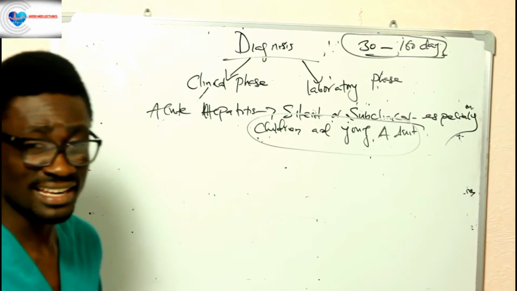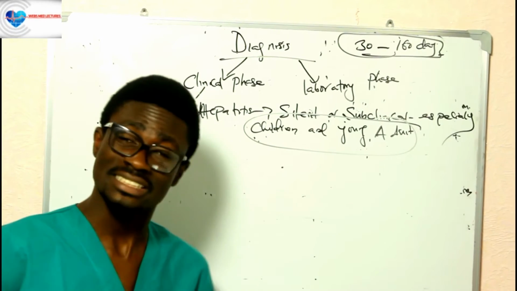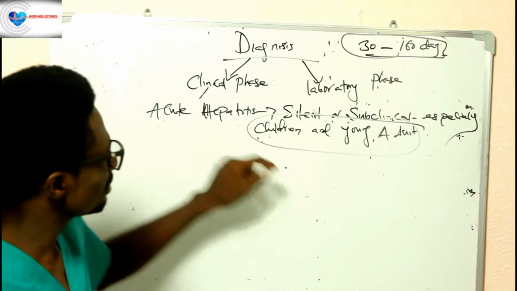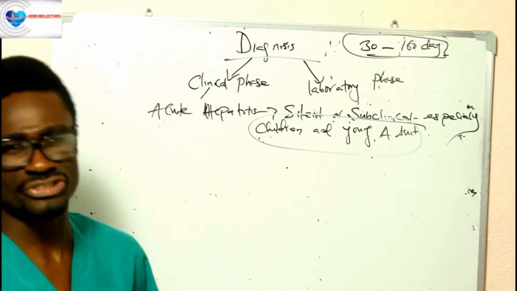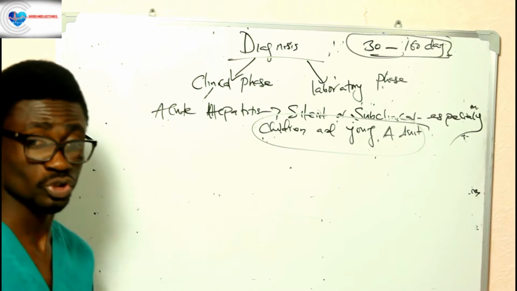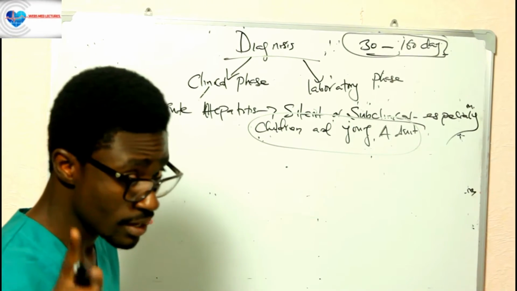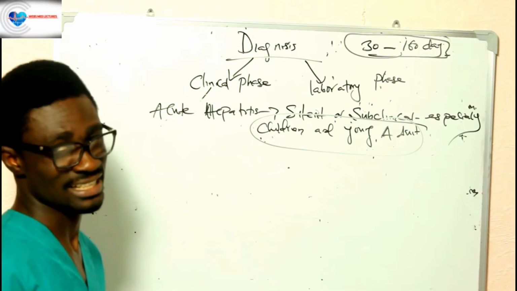It's very, very silent. That's why they call hepatitis the silent killer, because the acute hepatitis is usually very silent or subclinical, especially in children and young adults, guys.